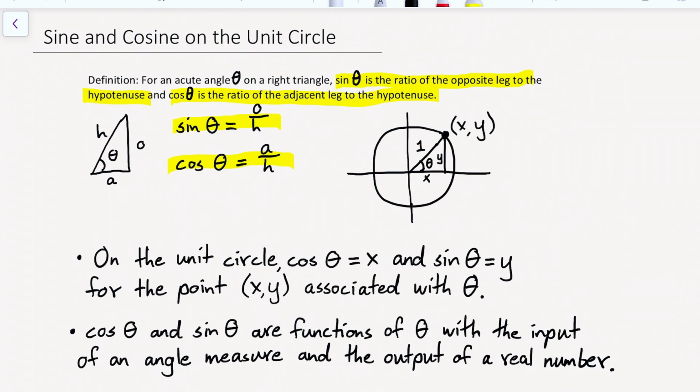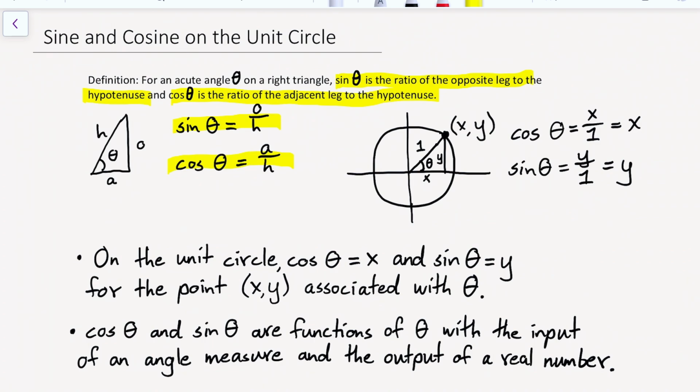And if I want to measure cosine of theta and sine of theta using the unit circle, this triangle, I'm going to say cosine of theta is the adjacent leg over the hypotenuse, so it's x over 1, which is just equal to x. And sine of theta is the opposite leg over the hypotenuse, so it's y over 1, which is just equivalent to y.